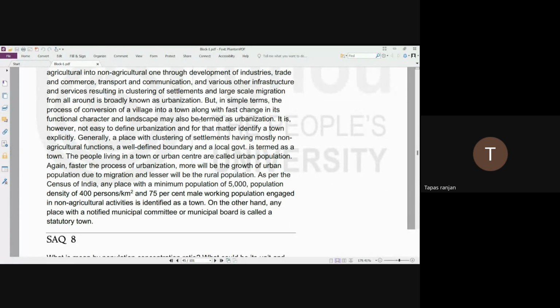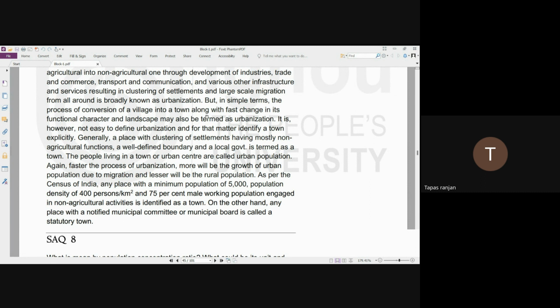Then the population density of that area should be more than 400 persons per square kilometer. Then again, 75% of the male working population, always remember the male working population, more than 75% of people should be engaged in non-agricultural activities.